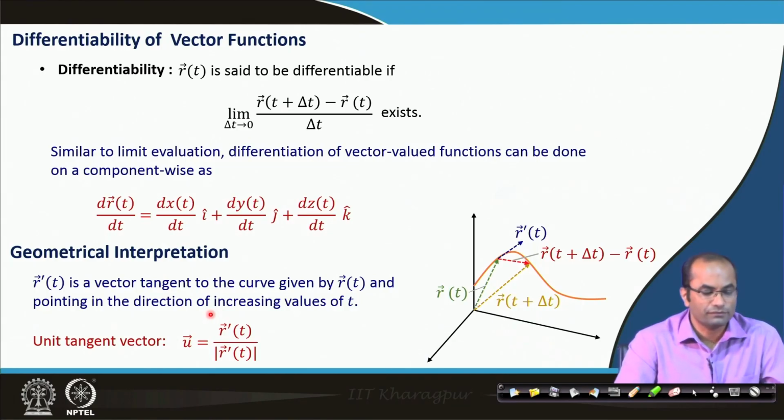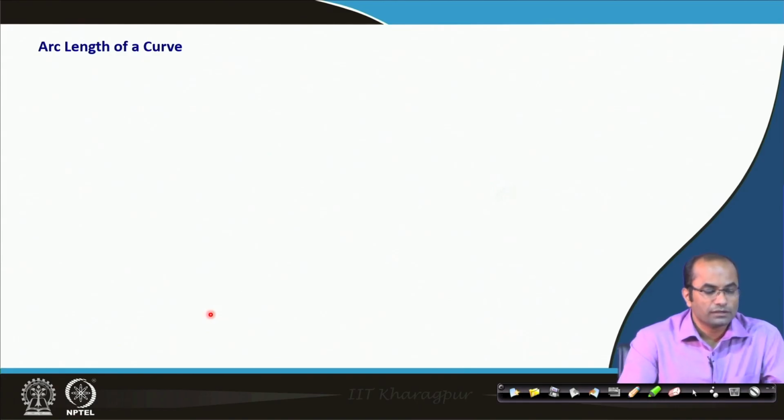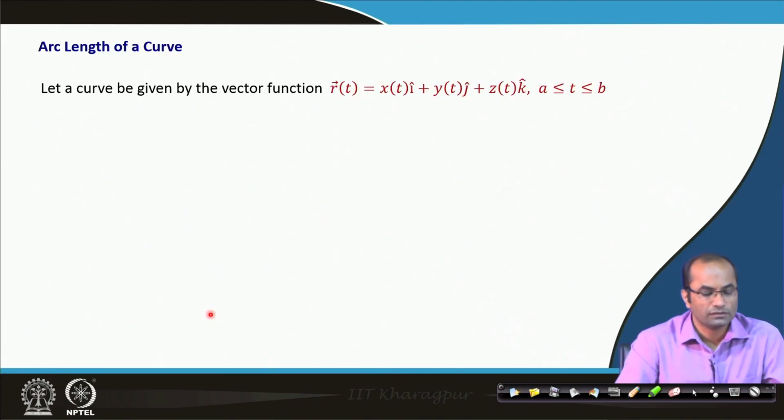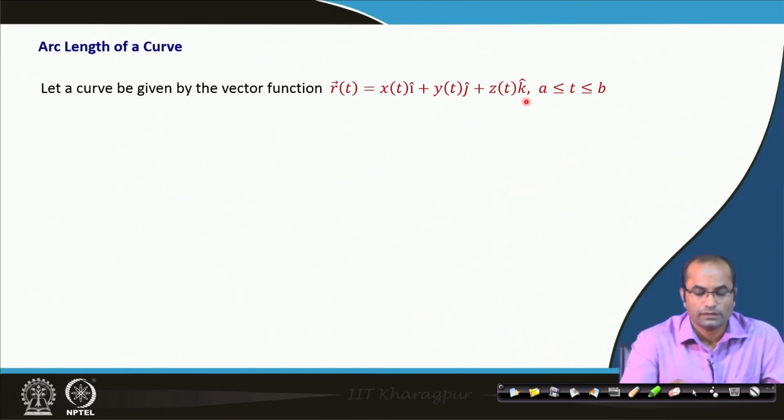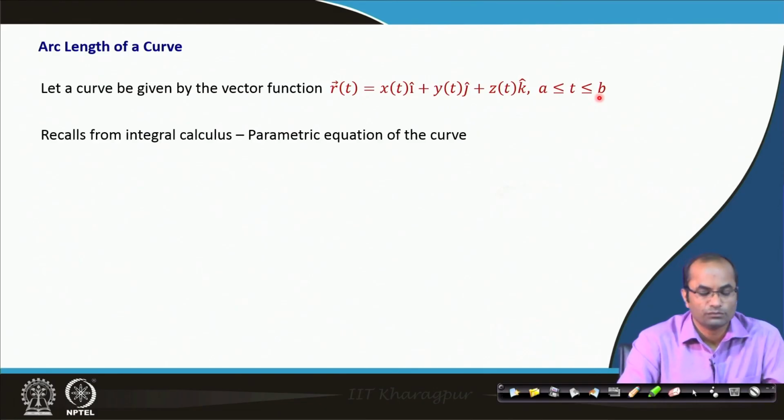That formula can be used to get the unit tangent vector for a given curve using just the derivative of the vector function. Now a nice application: we already know how to find the arc length of a curve, so in this vector setting we will see how the formula looks. Let the curve be given by the vector function r(t), with three components x(t), y(t), and z(t), where t varies from a to b.